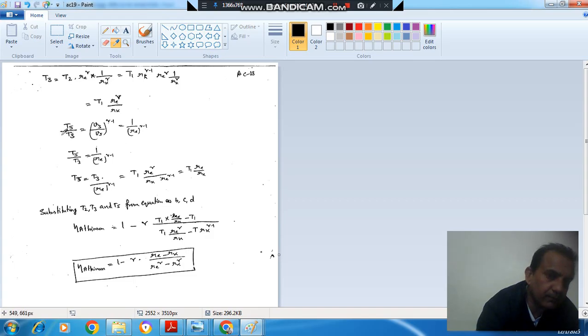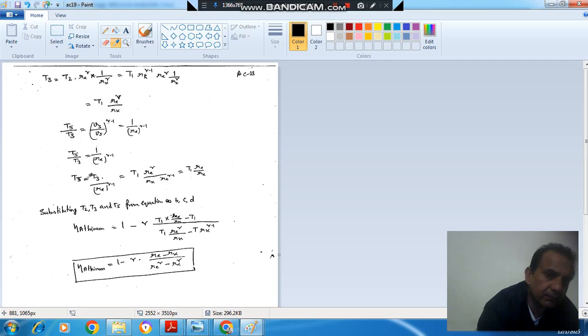Now process 3 5 is an isentropic process, so T5 by T3 is equal to (V3 by V5) raised to power gamma minus 1. Now we have T3 in terms of T1, and we will find T5 in terms of T1. So T5 by T3 is 1 by re raised to power gamma minus 1, and now we put the value of T3 from here.